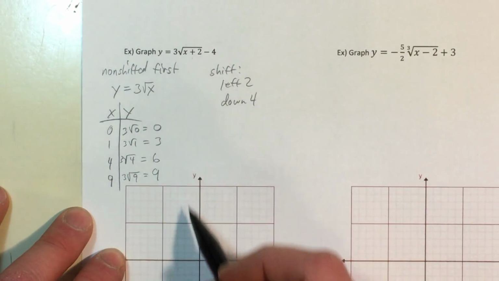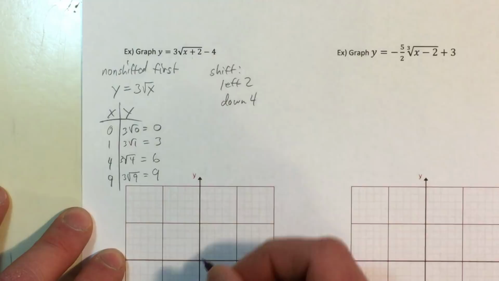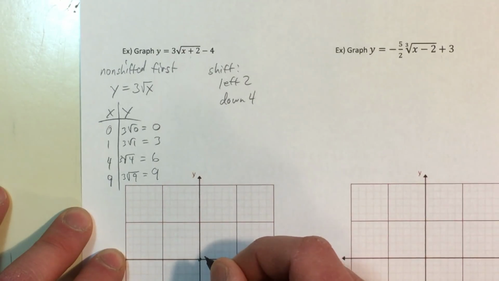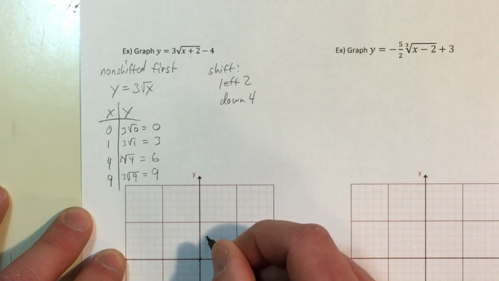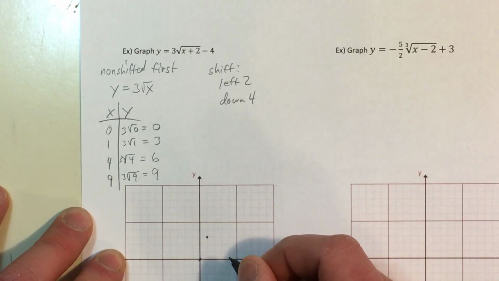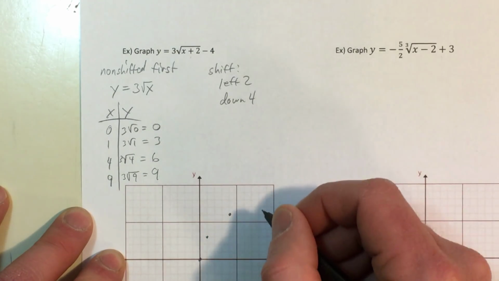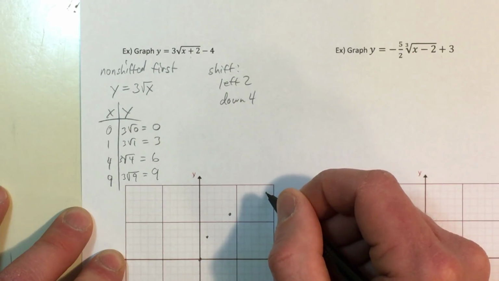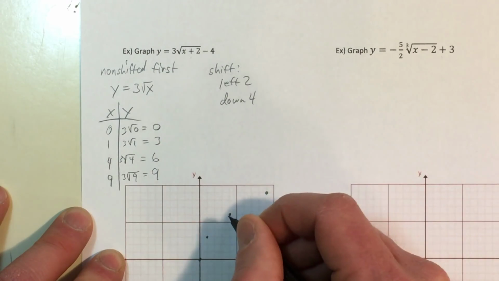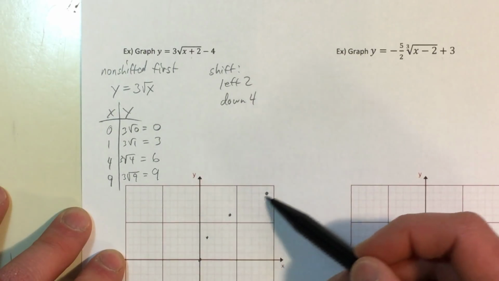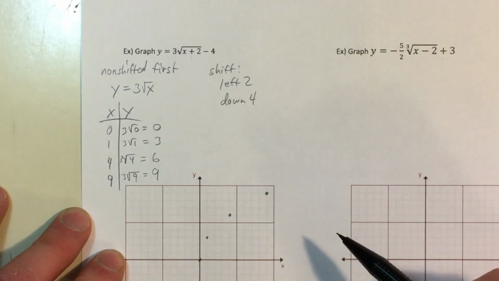And let's graph them. 0, 0, 1, 3, 4, 6, 9, 9. So that 3 really did stretch it out, didn't it?